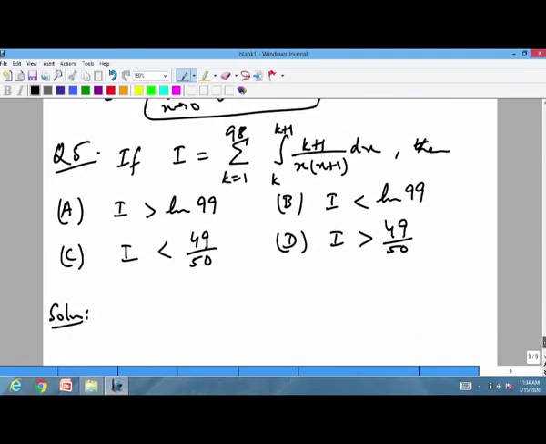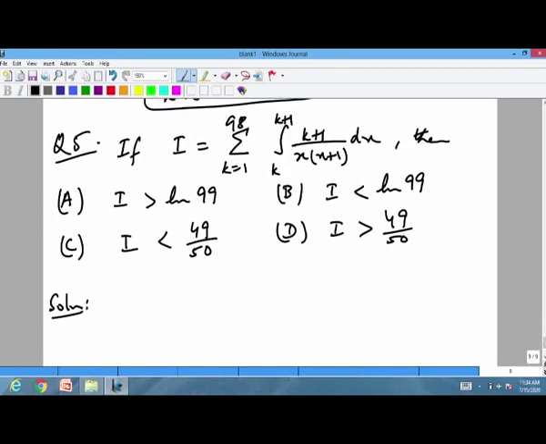Of course, here if you see this integral of (k plus 1) by x times (x plus 1) dx, this can easily be evaluated, because 1 by x times (x plus 1) can be written as 1 by x minus 1 by (x plus 1), and then you can evaluate this integral and actually get an expression for I. But using that, getting these inequalities might be difficult.